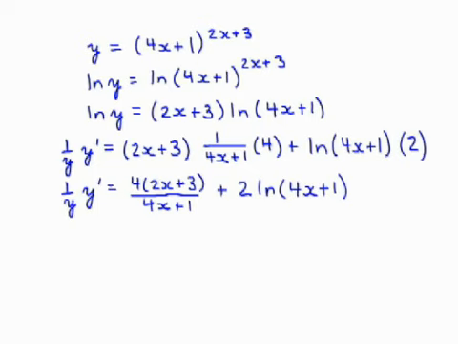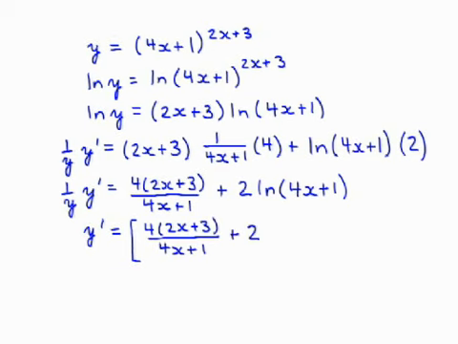So to do so, I must multiply both sides of the equation by y. And I end up with y prime equaling, in the square brackets, 4 times (2x plus 3), all divided by 4x plus 1. Add to that 2 natural log of 4x plus 1. And then that is all multiplied by y.